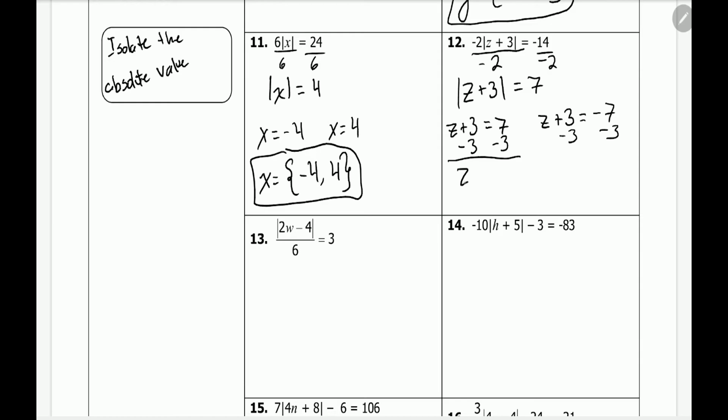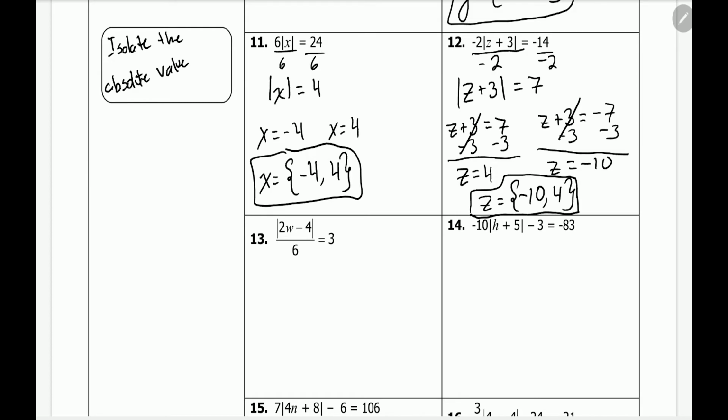What's left over is z is equal to 7 minus 3, which is 4. And then we have z is equal to -7 minus 3, which is -10. So our answer, which will have to be in a solution set, is {-10, 4}. And that's going to be our answer for number 12.